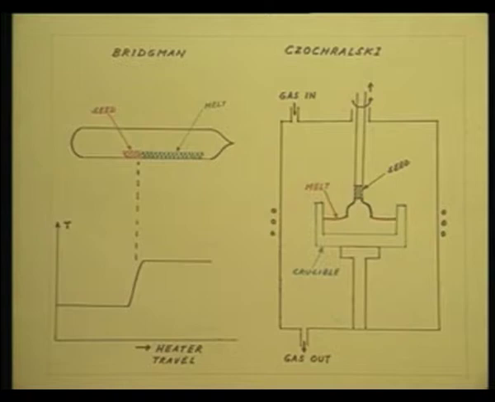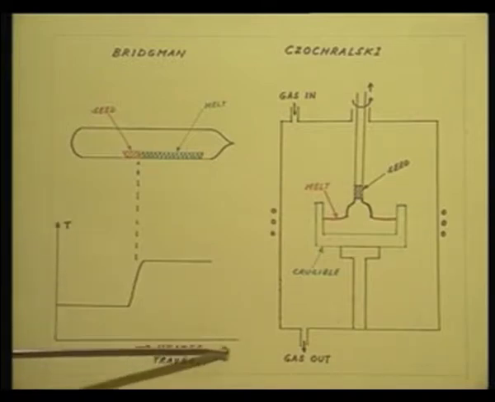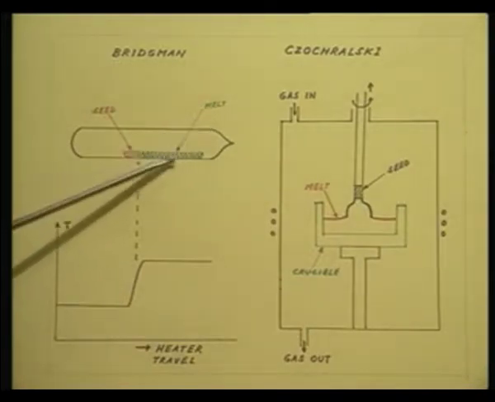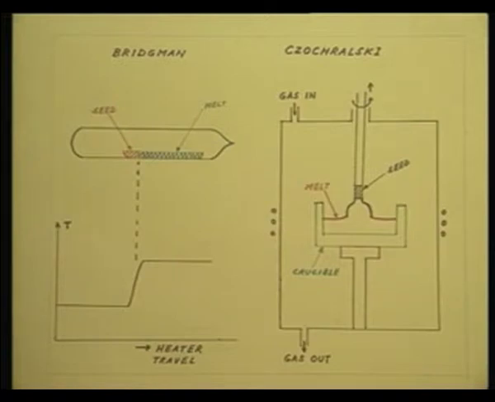Therefore, the temperature profile of the furnace has to be something like this. Temperature versus X. So, you see the seed end is kept at a lower temperature, while the charge, the melt, it is at high temperature, and therefore, it is in the molten condition.